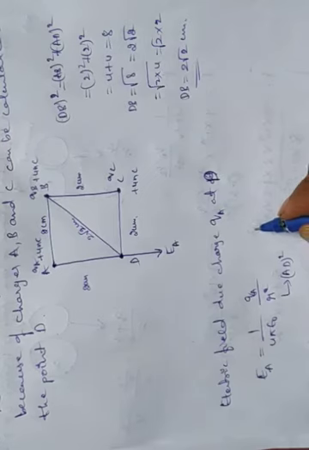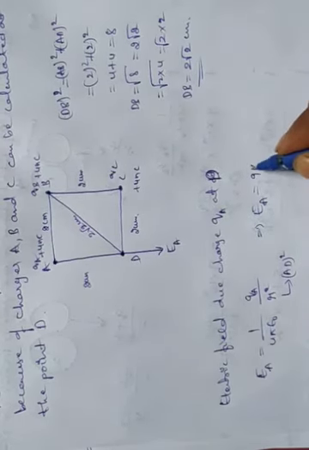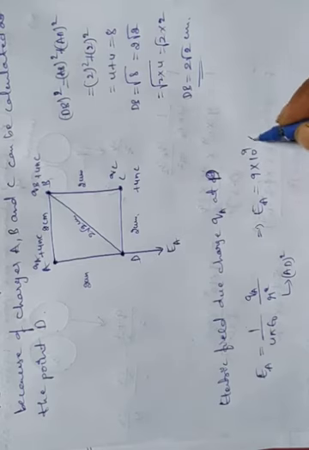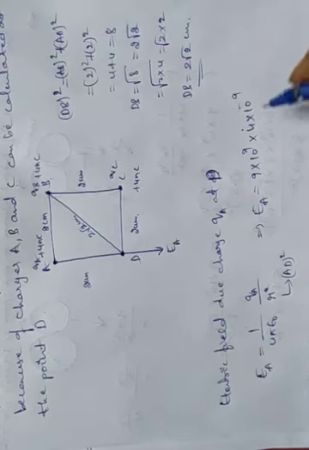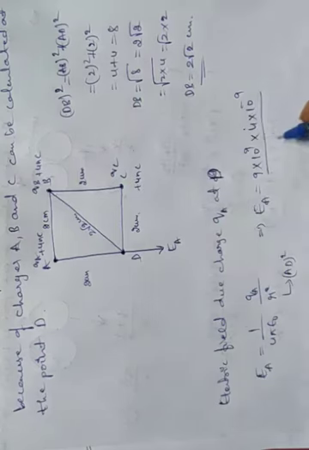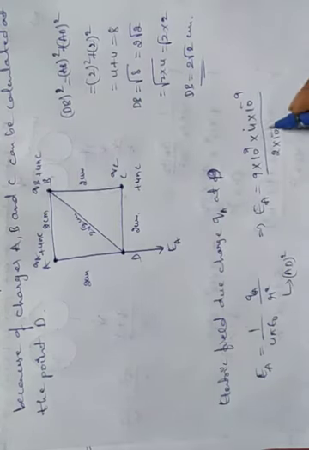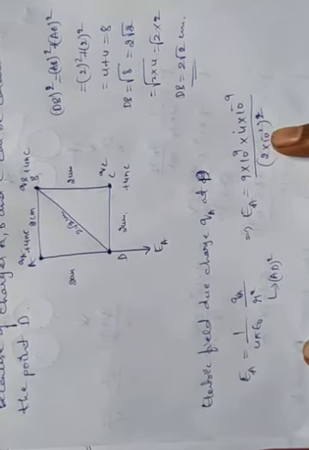Therefore EA is equal to 1 by 4 pi epsilon naught, which is nothing but 9 into 10 power 9, into the charge, how much? 4 nanocoulomb, 4 into nano is nothing but 10 power minus 9, by the distance, how much? 2 centimeter square, 2 into 10 power minus 2 whole square, because we have to write in meter, so centimeter in terms of meter means 2 into 10 power minus 2.